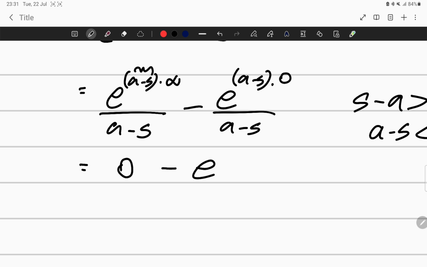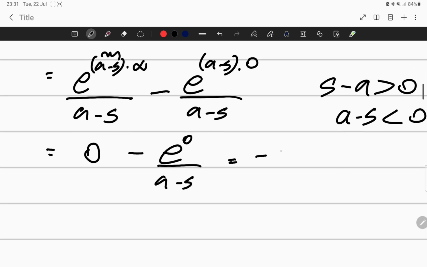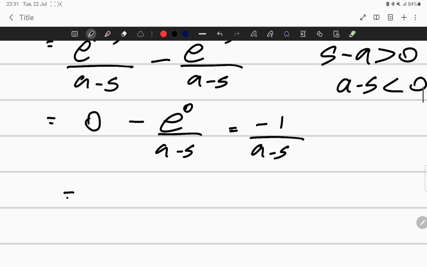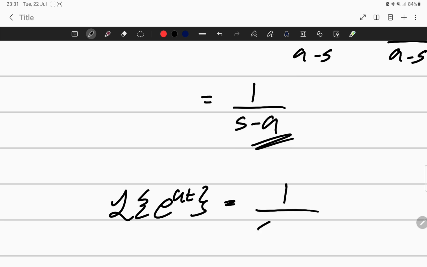Minus e to the (a minus s) times 0 is e to the 0 over (a minus s), so I get minus 1 over (a minus s). By rearranging these terms I get 1 over (s minus a). So the Laplace transformation of e to the at equals 1 over (s minus a).